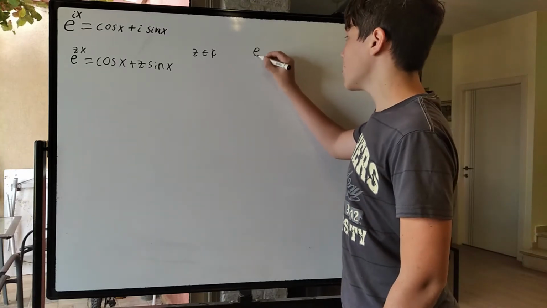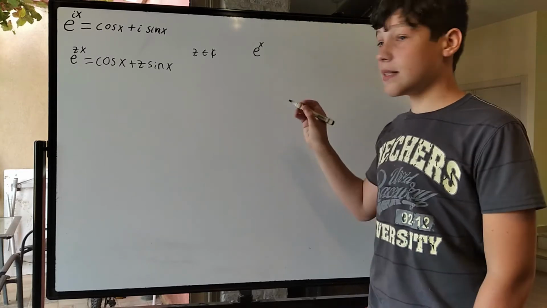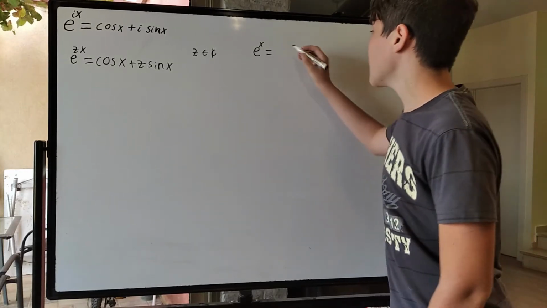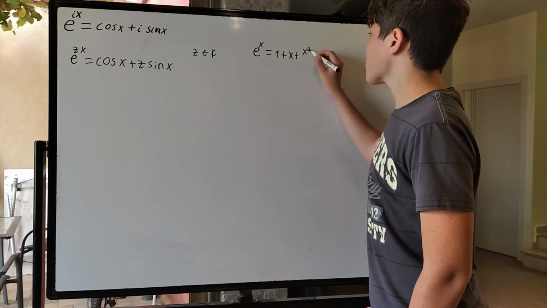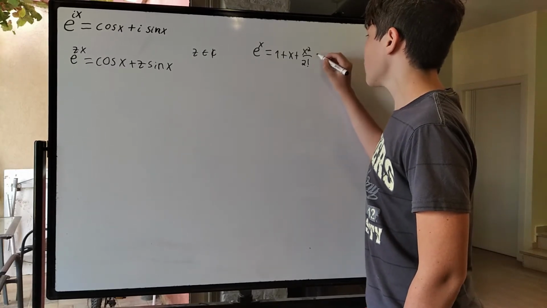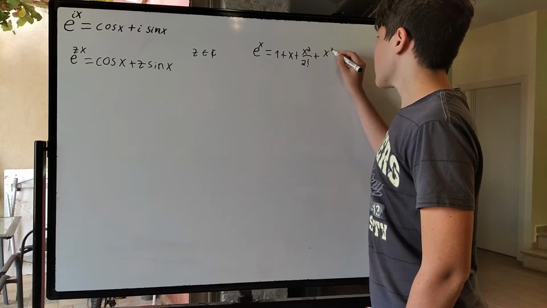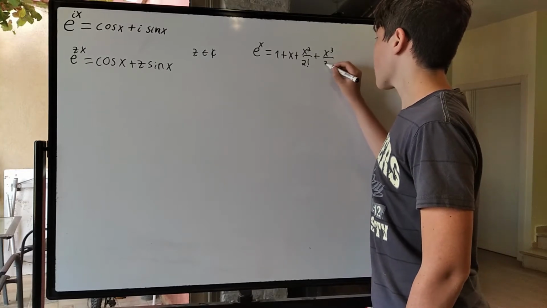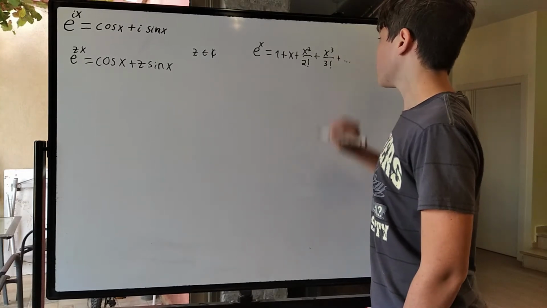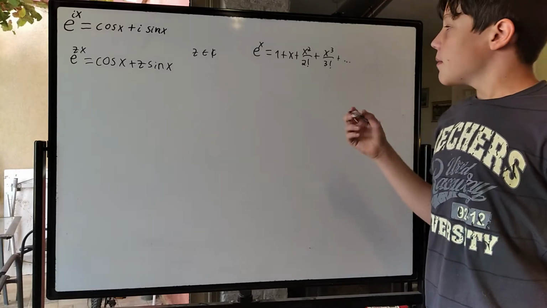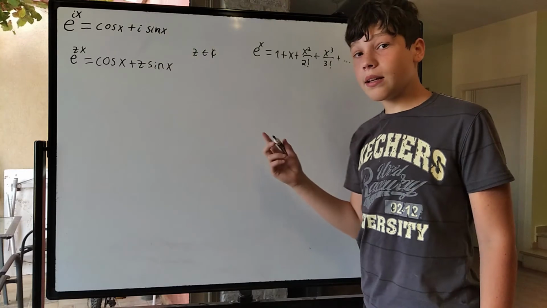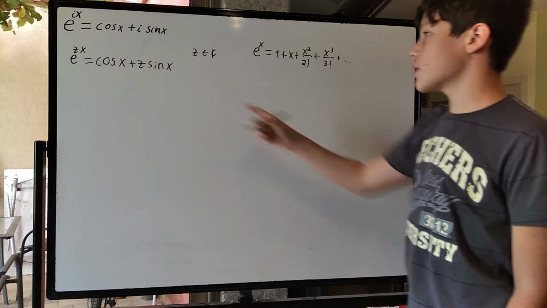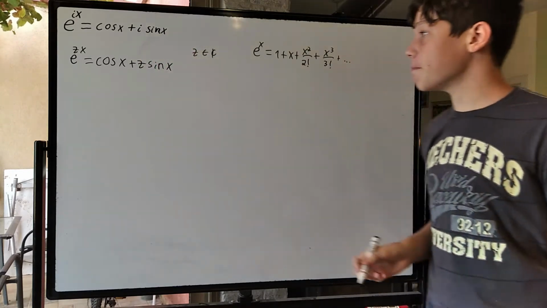So for example, e to the x is analytic, and it is represented as 1 plus x plus x squared over 2 factorial plus x cubed over 3 factorial, and so on. And cosine and sine are also analytic, so we can also find Taylor series for both of them.